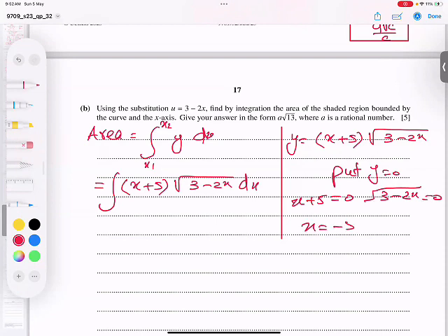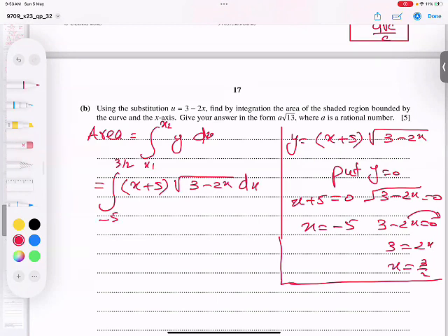I get x is equal to -5. Squaring both sides, I get this. 2x goes on the other side, and x becomes 3 by 2. So I have the limits very clear now. The lower limit is -5, the upper limit is 3 by 2.